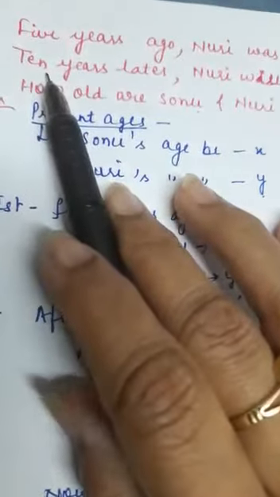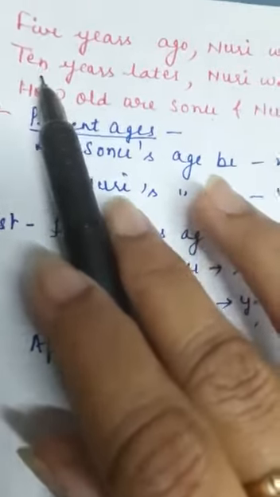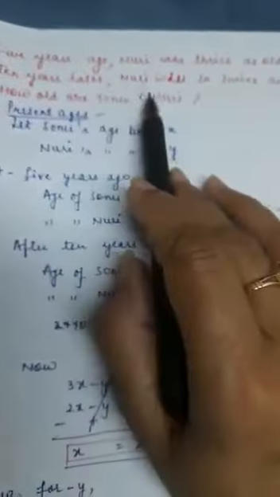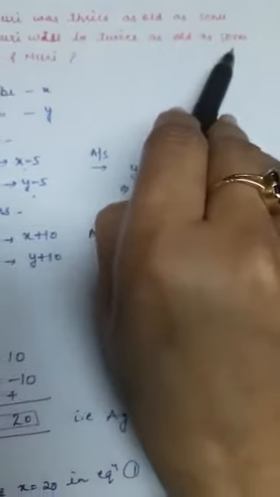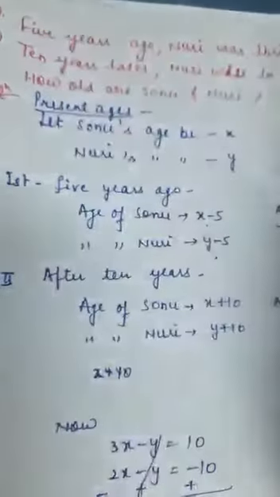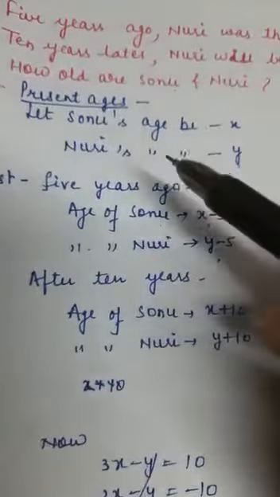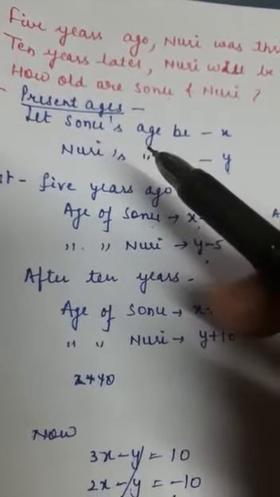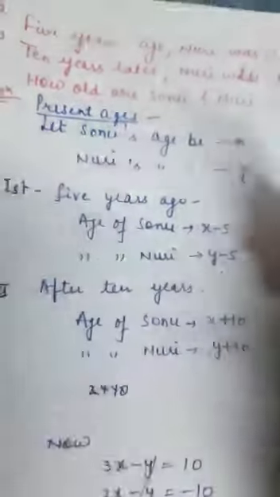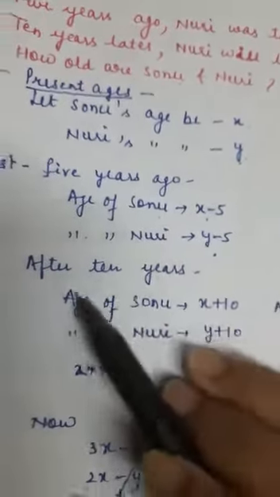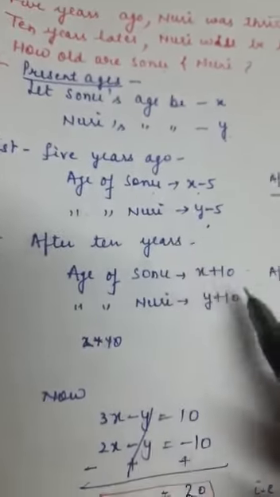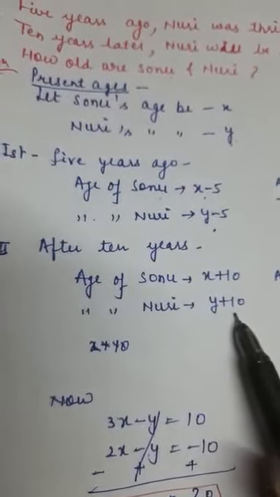Now, my second equation. For the second equation, my statement says, 10 years later, Noori will be twice as old as Sonu. So it means 10 years hence. First of all, I need to check what will be the age of Noori and Sonu after 10 years. As present ages were X and Y, after 10 years it will be X plus 10, Y plus 10.